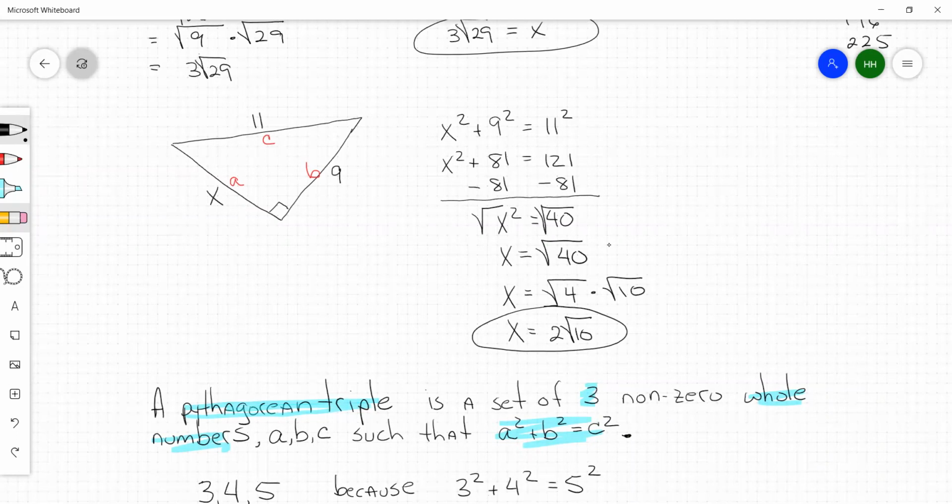No, it's a decimal. Square root of 10 is a non-terminating, non-repeating decimal. So a non-terminating, non-repeating decimal times 2 is just a twice as big non-terminating, non-repeating decimal. All right? Y'all got that? Very good.